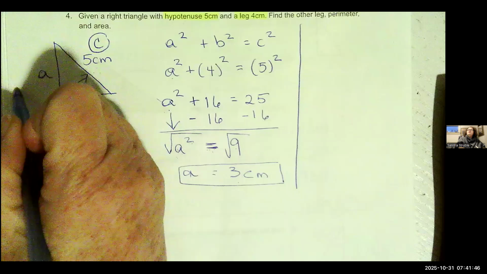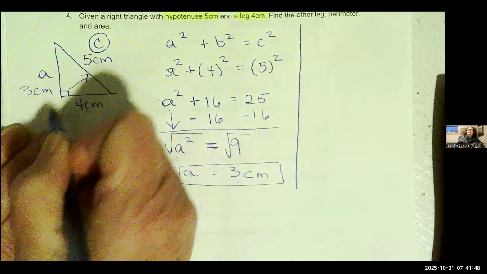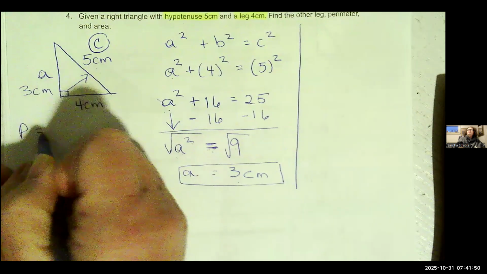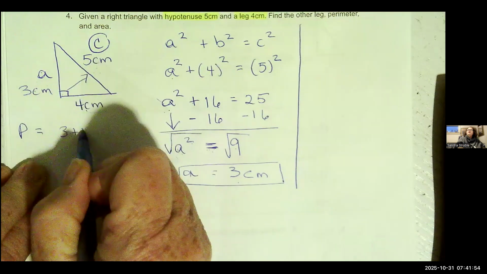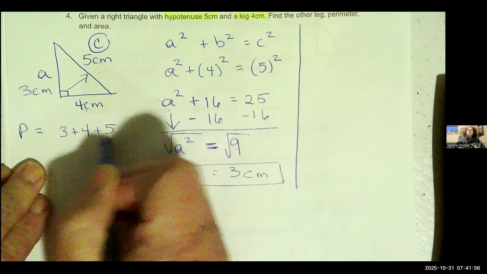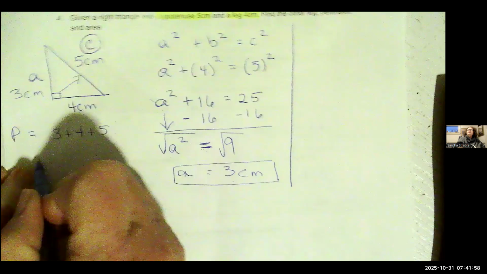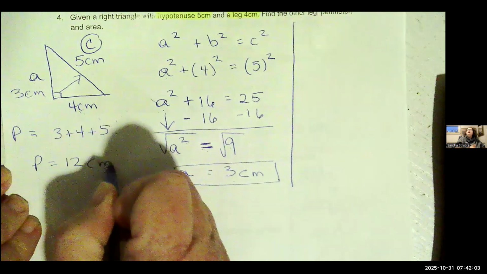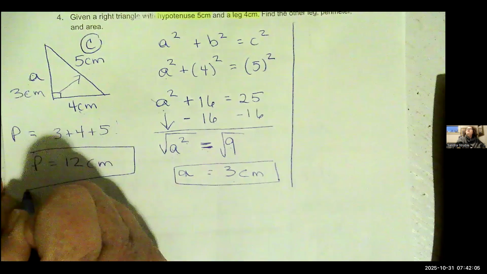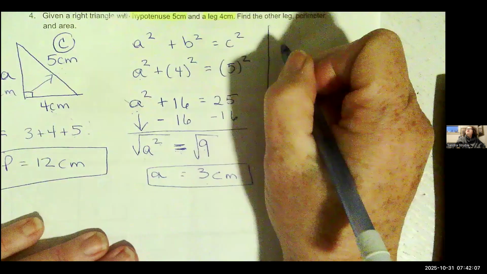I can now find the perimeter. 3 plus 4 plus 5. 7, 8, 9, 10, 11, 12. So my perimeter is 12 centimeters. It has the same unit as the side. And I can now find my area. Base times height divided by 2.